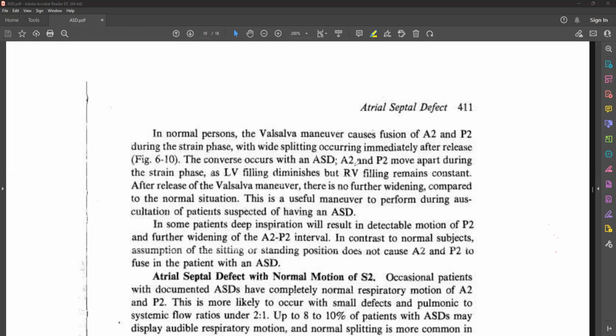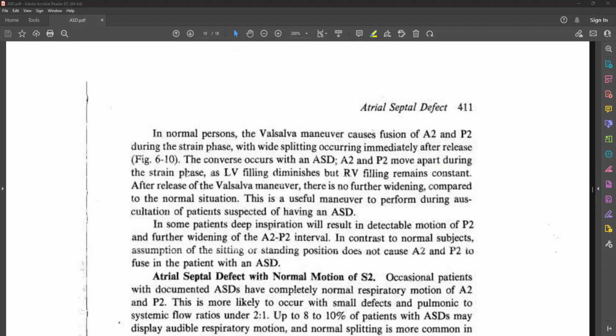But in atrial septal defect, A2 and P2 will move apart during the strain phase. Right? This is because in atrial septal defect, since there is a connection between both, the Valsalva maneuver effect will be constant.